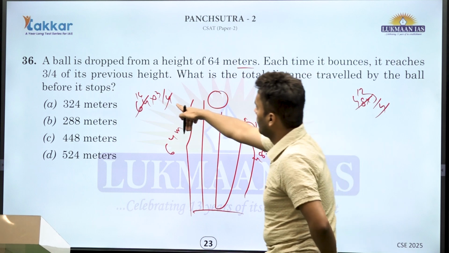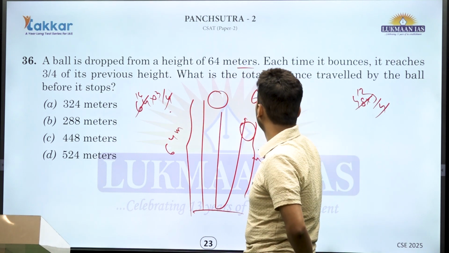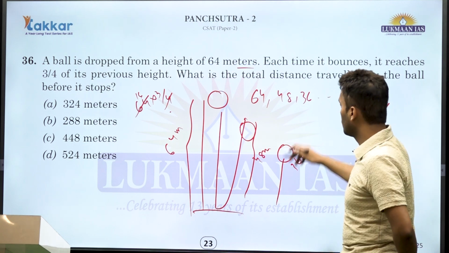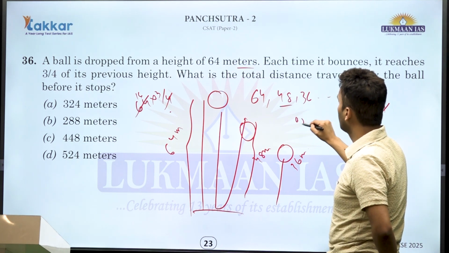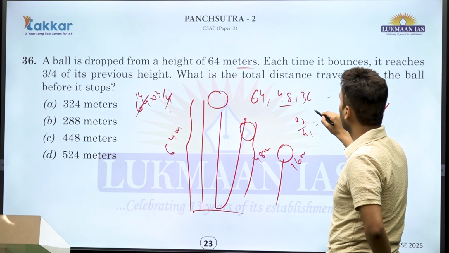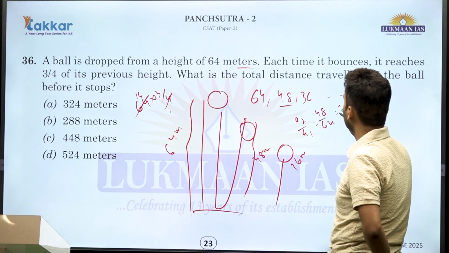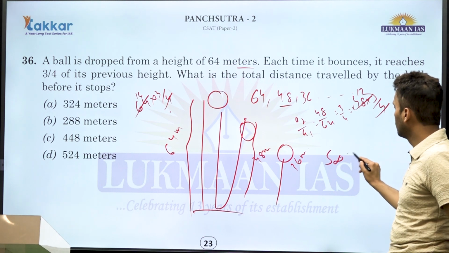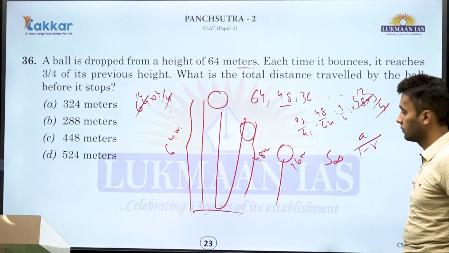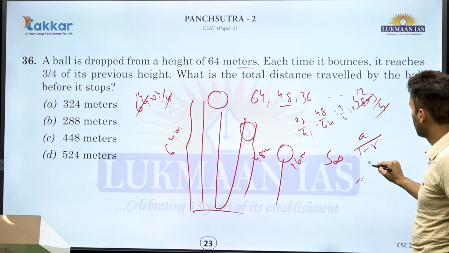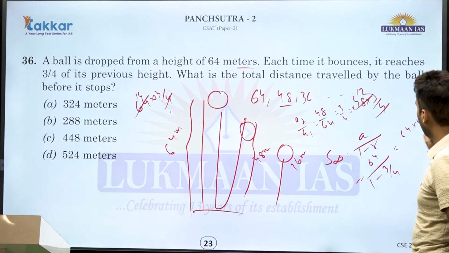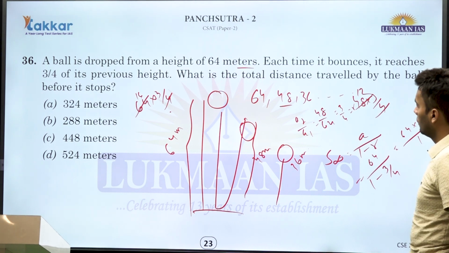The ratio is 3/4, because if you see 64, 48, 36 and so on, the ratio is A2 by A1, that is 48 by 64, 3/4. We know the sum to infinity is A by (1 minus R), where A is the first term, 64. 1 minus 3/4 is 1/4, so 64 into 4, that is 256 meters.